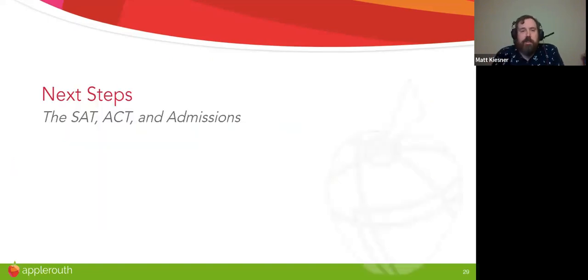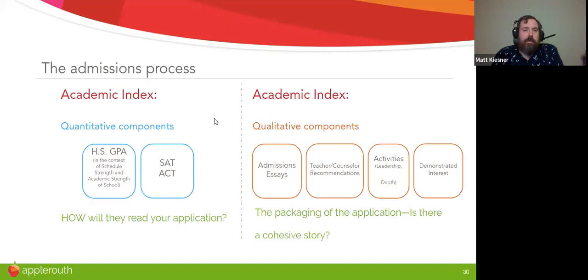So let's talk about the admissions thing, right? The admissions process has two kinds of things. There's the indexes, the quantitative stuff, which is your high school GPA and things. And then there's qualitative: admissions essays, recommendations, and things you do. They're both important, right? And the SAT and ACT is just one component of that, and how important it is really depends on the school these days.